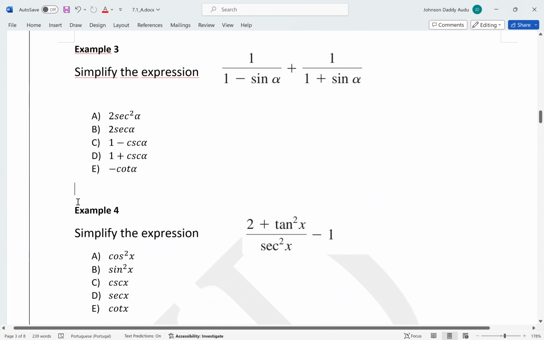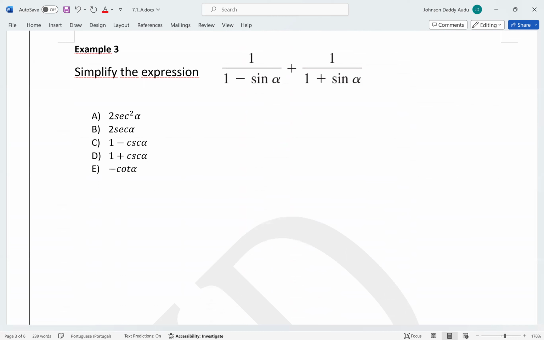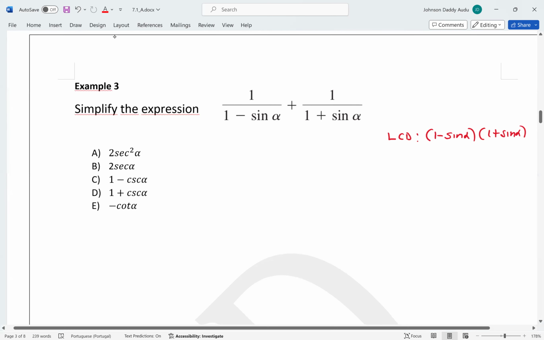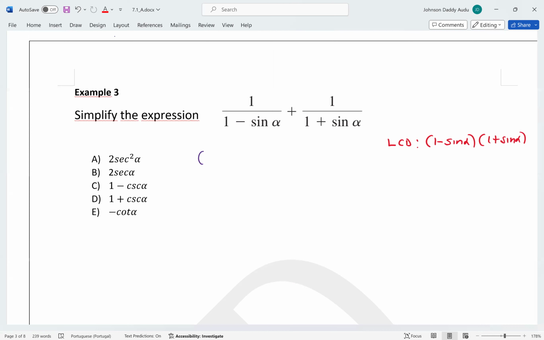All right, so we have another example here, example 3. It's a similar case, we can do the same thing. Our LCD here is just going to be the product of the denominators, 1 minus sine alpha and 1 plus sine alpha.